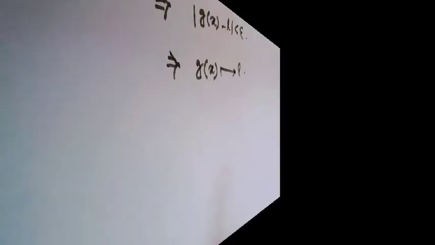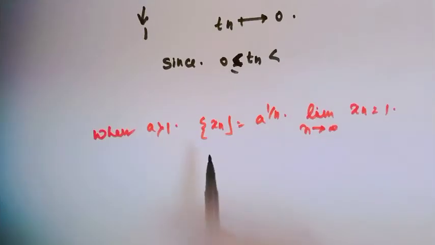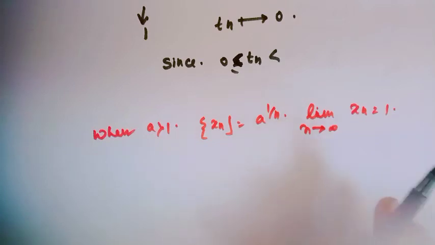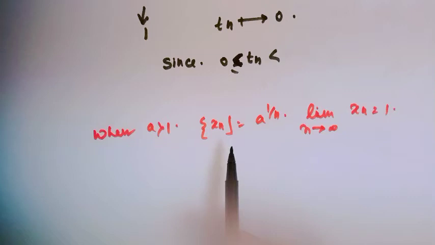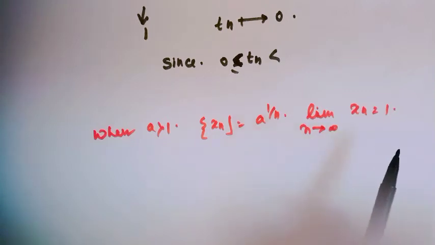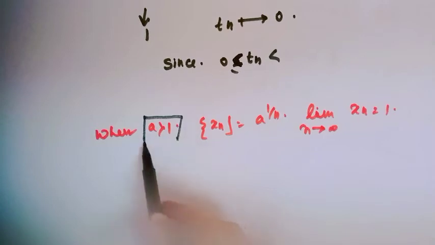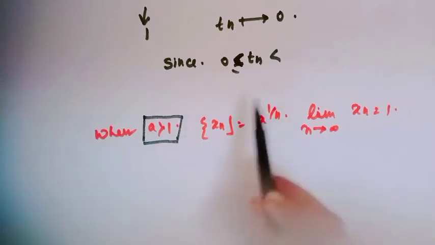Let's see one of the most powerful theorems in real analysis, which is very useful throughout our real analysis. When a is greater than 1 and the sequence xn is a to the power 1 over n, then what will be the limit? The limit must be 1. And notice this value is always strictly greater than 1.